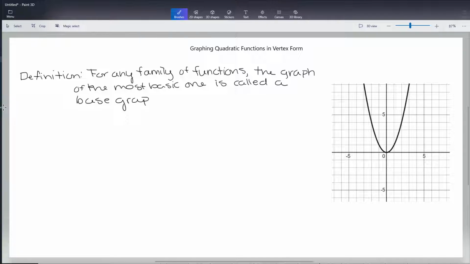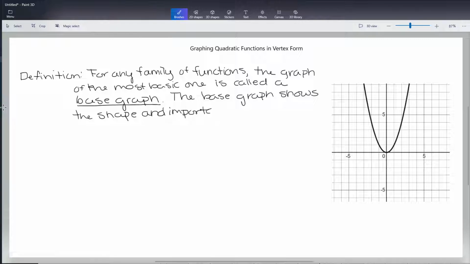Okay, so for any family of functions, like the quadratic functions, the graph of the most basic one of those functions is called the base graph. The base graph shows the shape of the graph, and it shows all the important features of the graph.